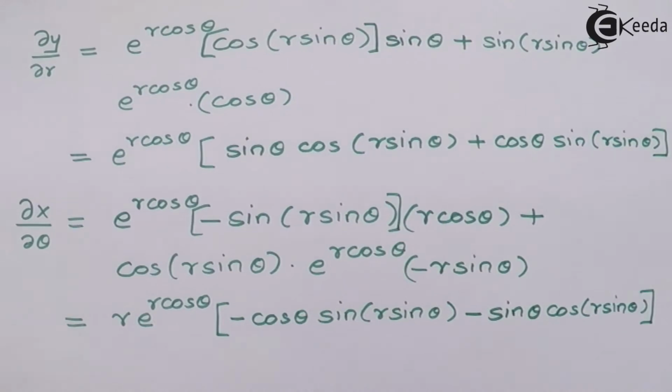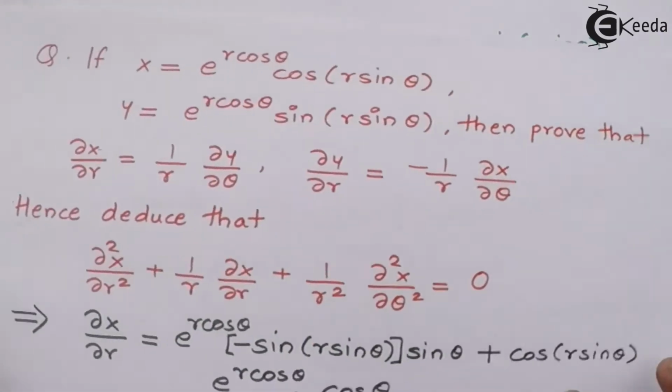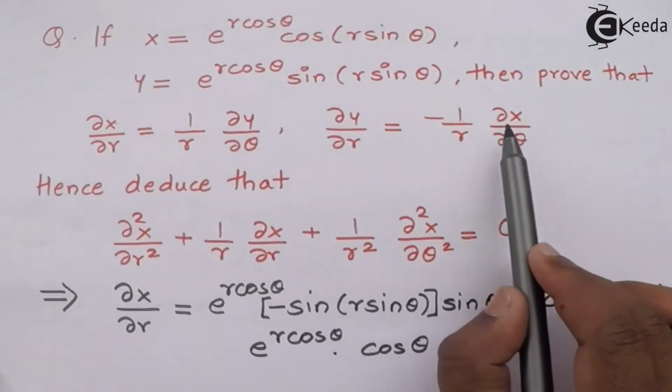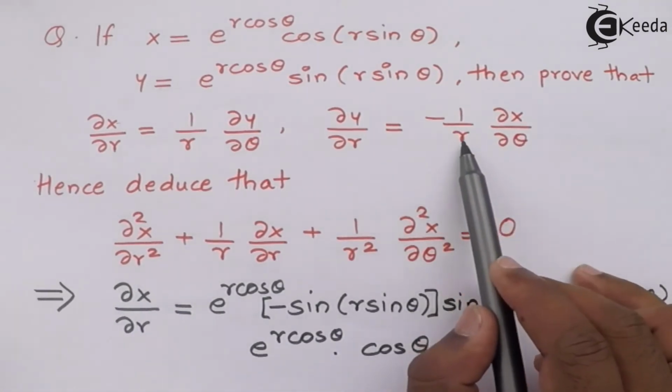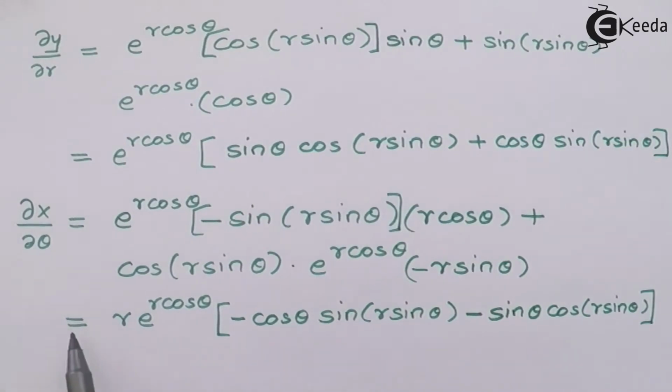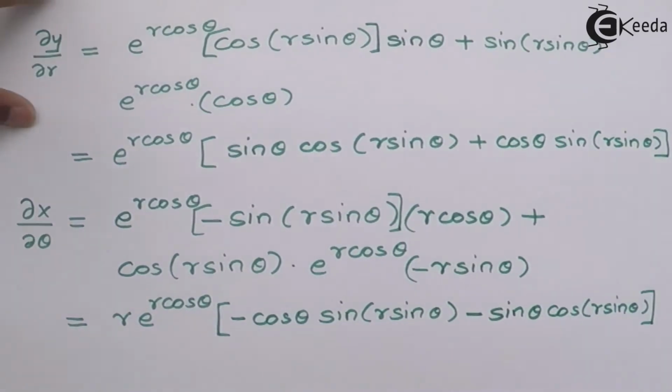Now guys, let's see the required result. In the required result, del x by del theta is multiplied by negative 1 upon r. If I multiply this with negative 1 upon r, then you can see that I can take this negative sign outside, which will become negative r e to the power r cos theta, and then we'll multiply it with negative 1 by r. So let's see what we get.